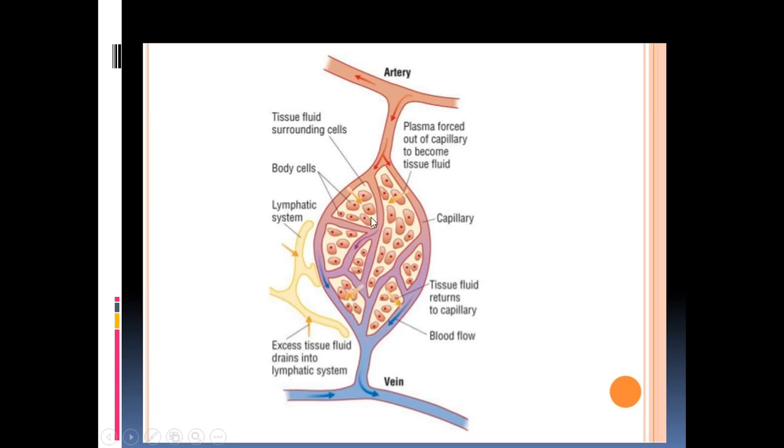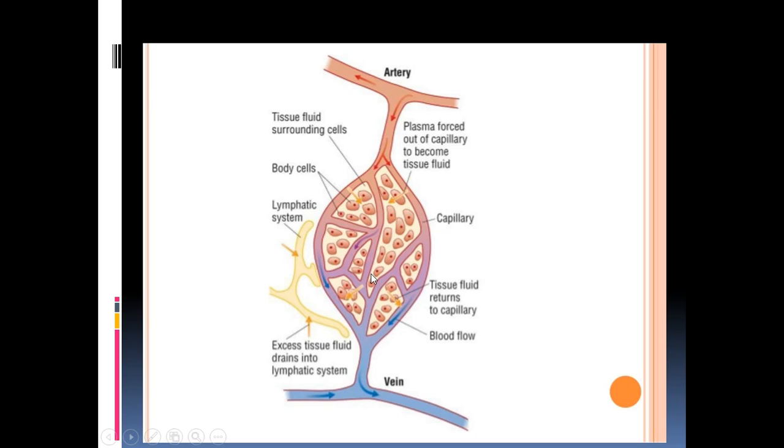However, once the tissue fluid is out of the capillaries, it lacks the high concentration of protein that exists in plasma. Remember I said just now, everything can actually leak out from the capillary into the surrounding cells except protein molecules. So tissue fluid lacks the high concentration of protein.